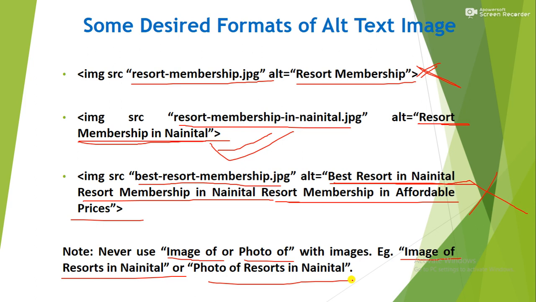So guys, remember one thing: you are not required to tell Google it is an image or a photo. It already understands that it is a photo or an image, so you are providing the alt text, right guys? You are not required to tell Google that it is an image or a photo.